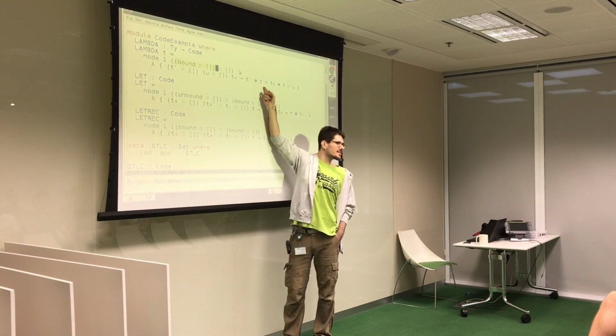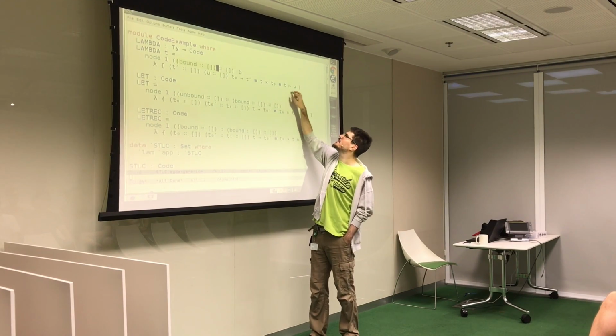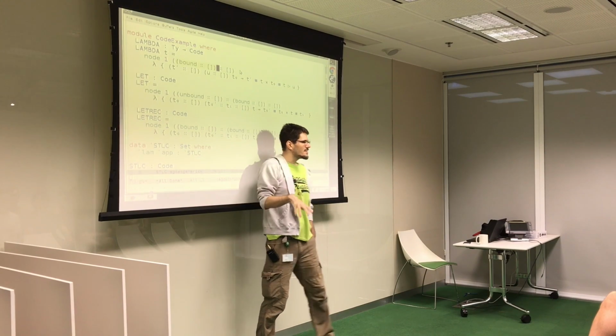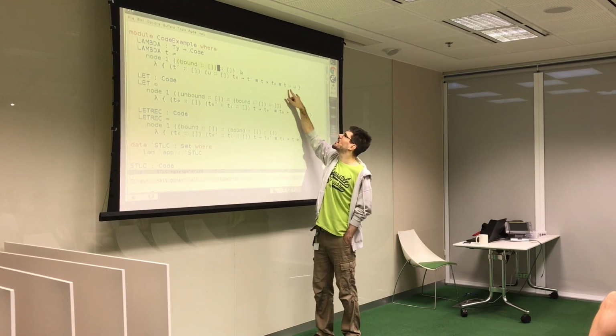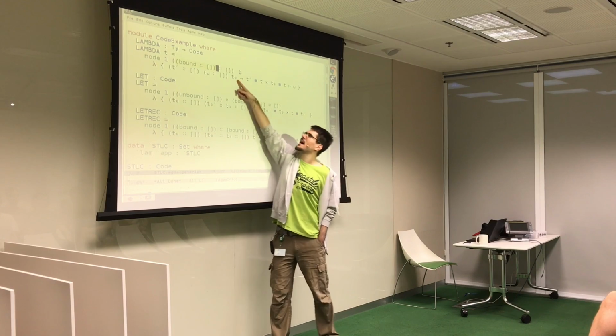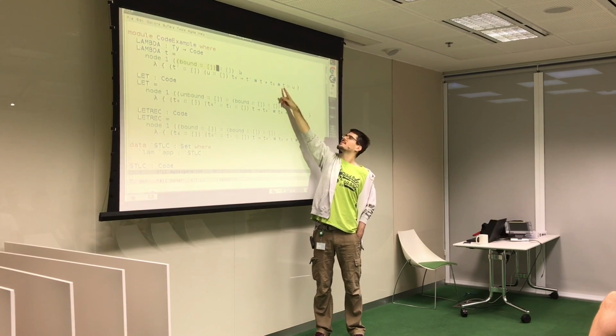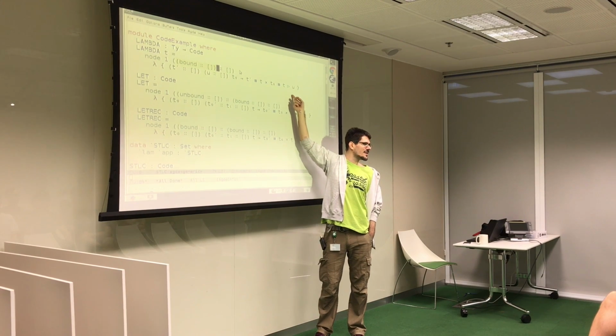So t prime is equal to t, and the type of the full thing is equal to the function type from t to the type of the body of the lambda abstraction.